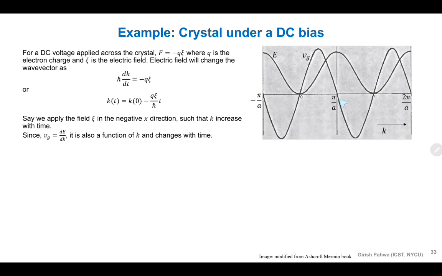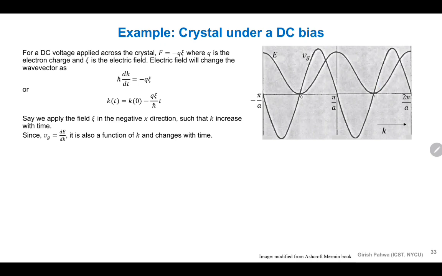So what happens? It goes negative, becomes maximum in the negative direction, and then it starts to slow down again. The magnitude of the velocity becomes closer and closer to 0. It becomes 0 again here, and then again velocity becomes positive.